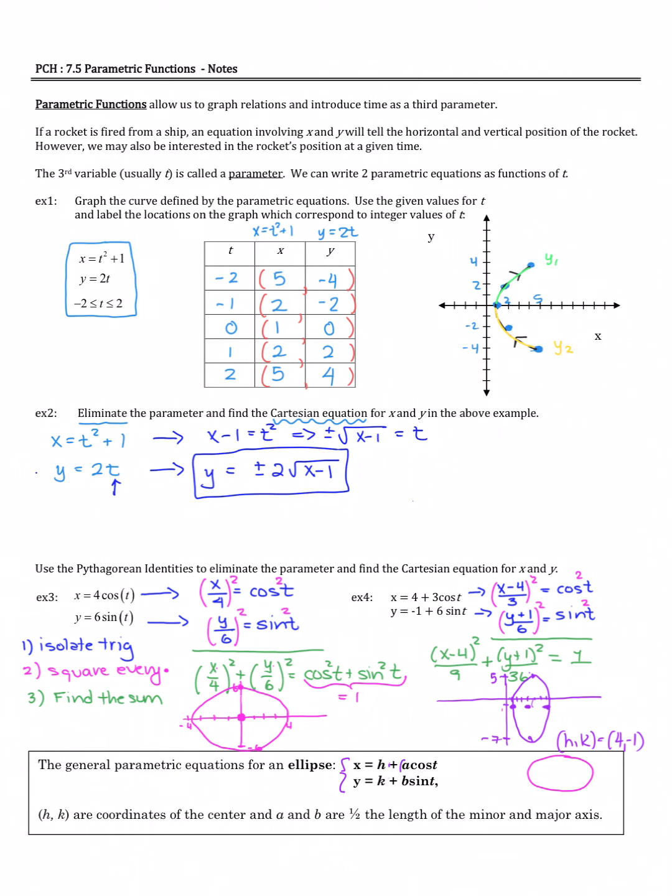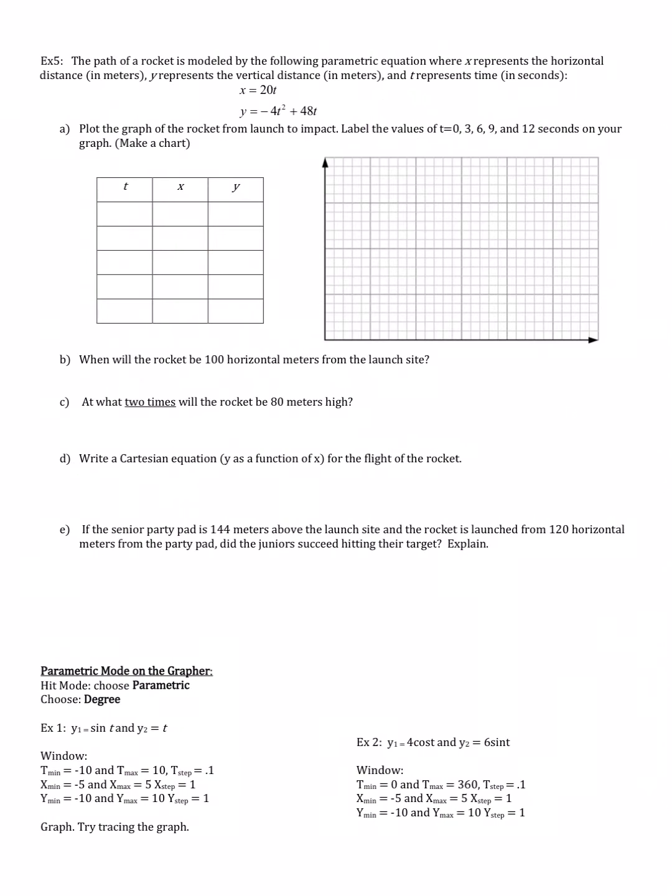A is that distance we went in the x direction from the center. That number, if it's the bigger number of a and b, is going to be half of your major axis. The smaller number of a and b would be half the minor axis. And so that would give you your parametric equations for an ellipse.